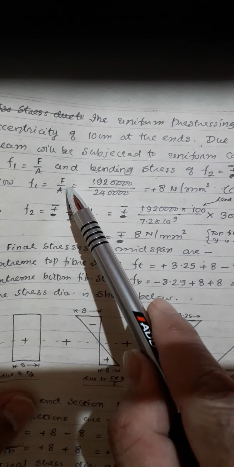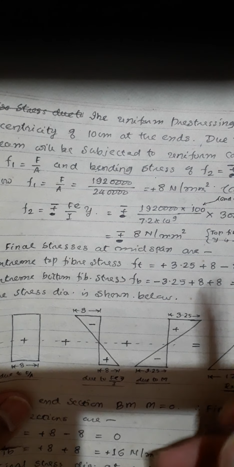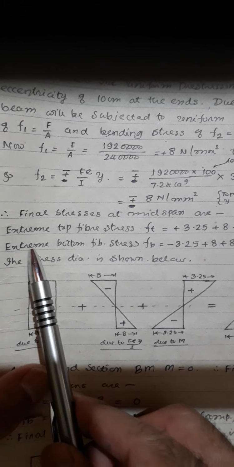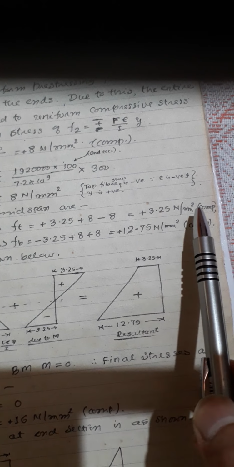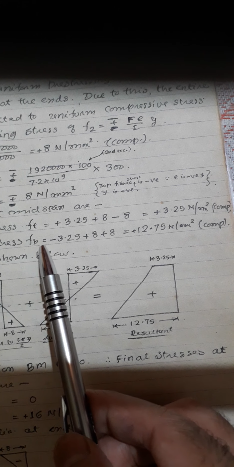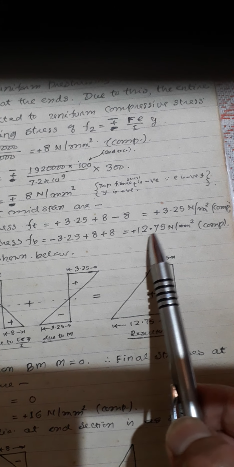So now if I add this term and the Fey by I term algebraically, I will get the top fiber stress Ft and bottom fiber stress Fb. I am going to add them algebraically. It is plus 3.25 Ft. Plus sign indicates that it is compression, and bottom fiber stress Fb is again, if you add them algebraically, it will give me plus 12.75.